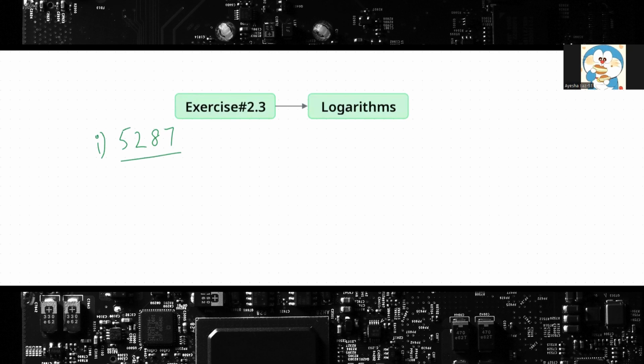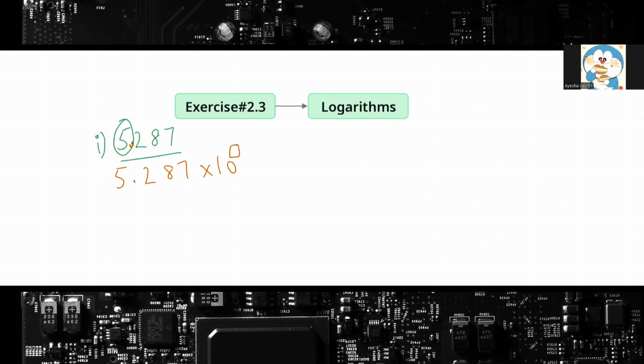The first step is you need to put a point, and the criterion is to figure out the first non-zero digit, which is 5 over here, so we'll put the point after 5. So we can write it like this: 5.287.